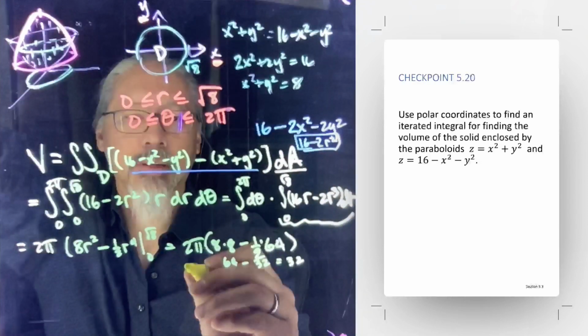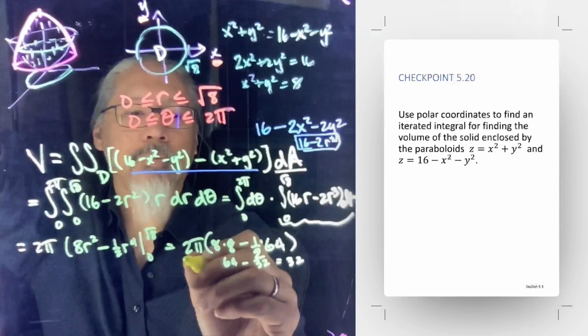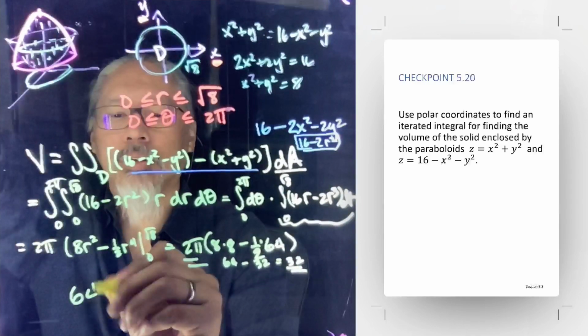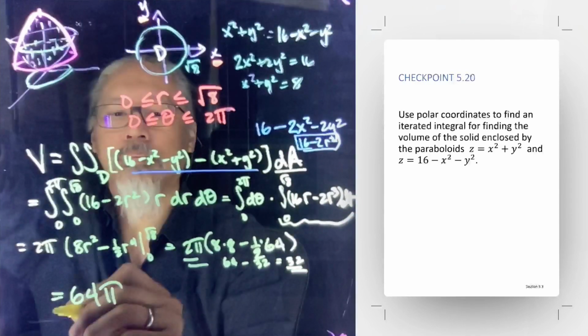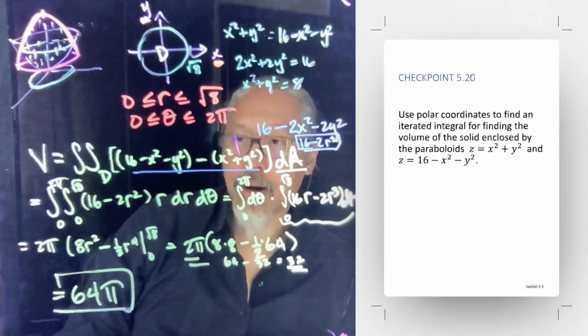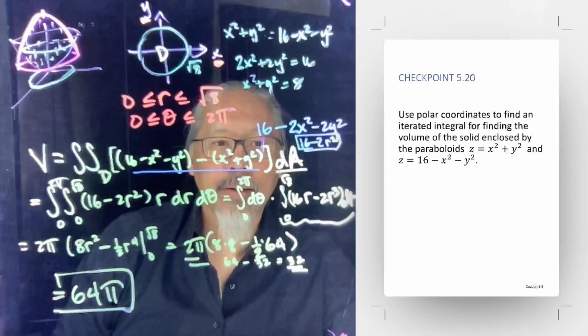So this is 2 pi times 32, which is 64 pi. So the volume between these two paraboloids will be 64 pi units. Okay, I hope that helps.